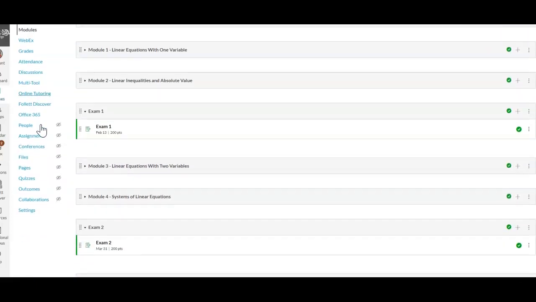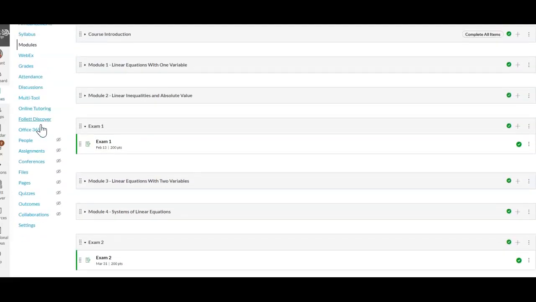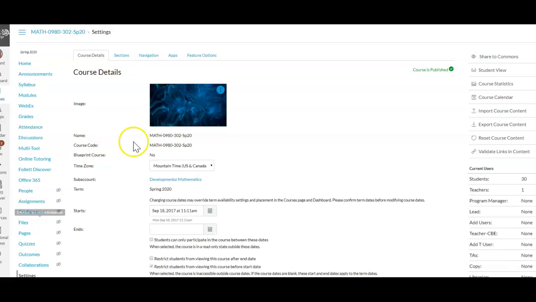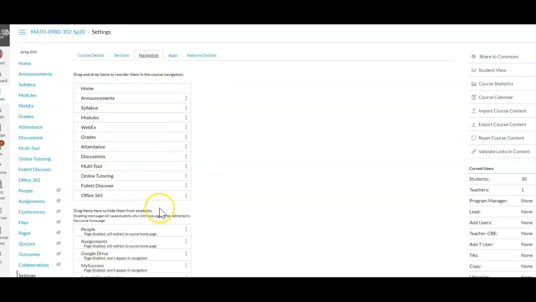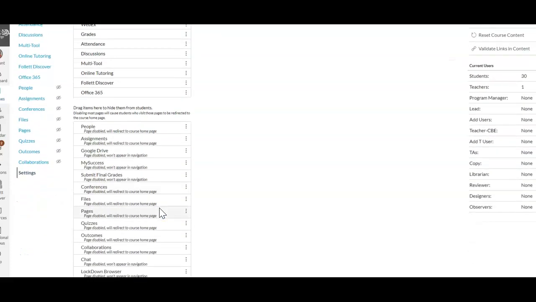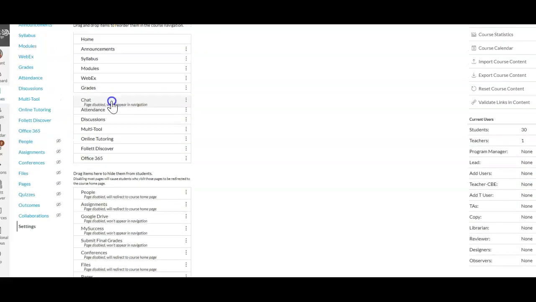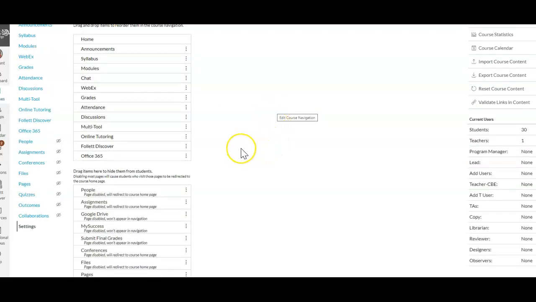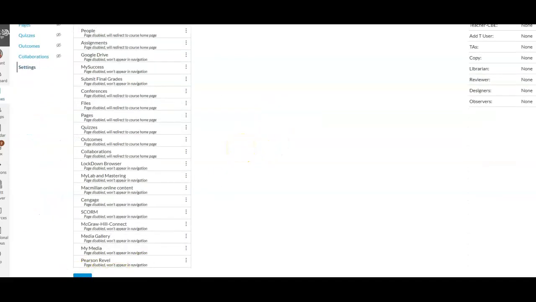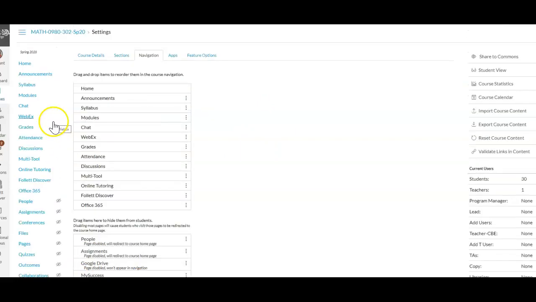I'm going to go in and change that, because there is a chat option that I can make available for you so that you guys can just chat with each other. It might be a little bit easier. So I'll just put it there below modules, and then you should be able to get in there to chat with each other too. So that's just another idea.